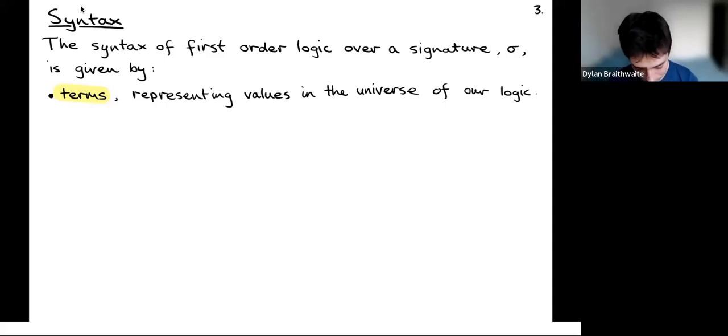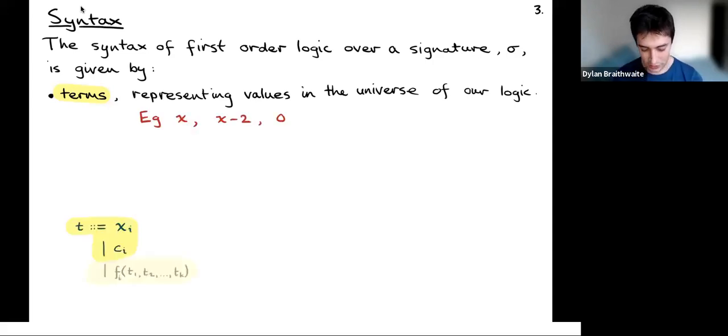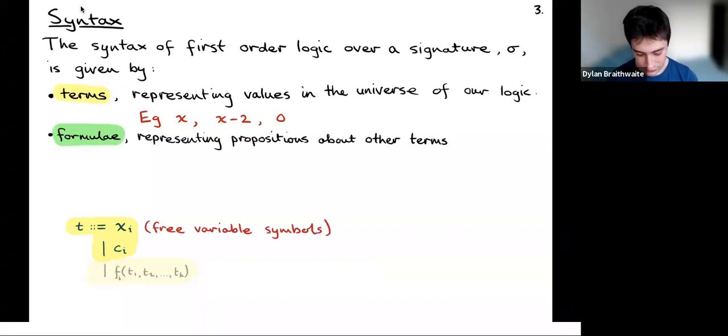That can be a variable, something built up from a variable and function symbols, or a constant symbol. And here's the grammar for that. It's pretty simple. And the next thing is formulae, and they're the things that represent the actual truth values.